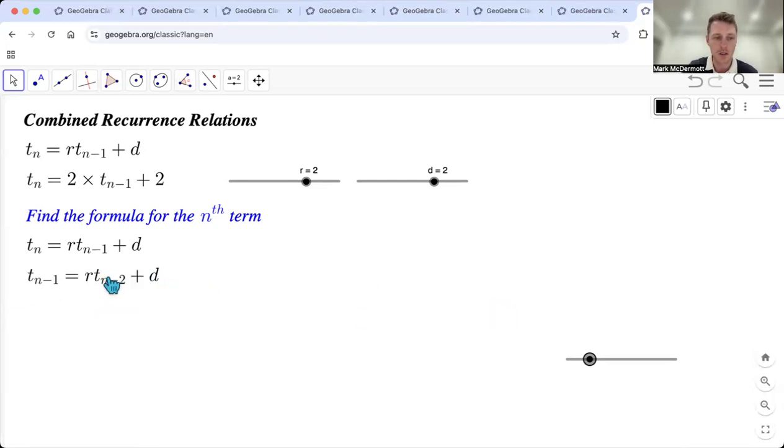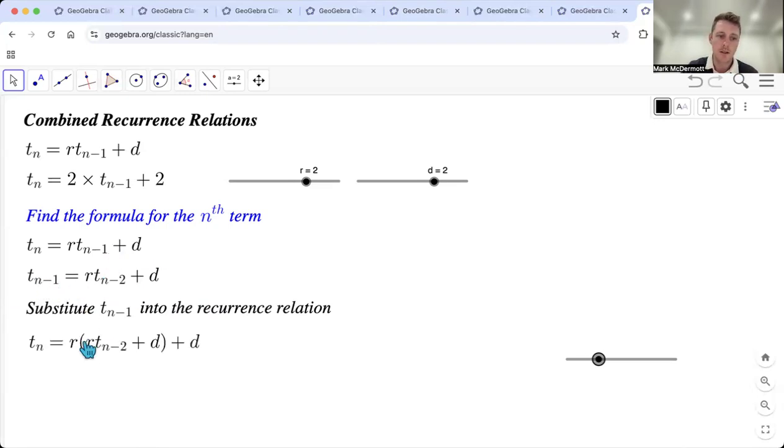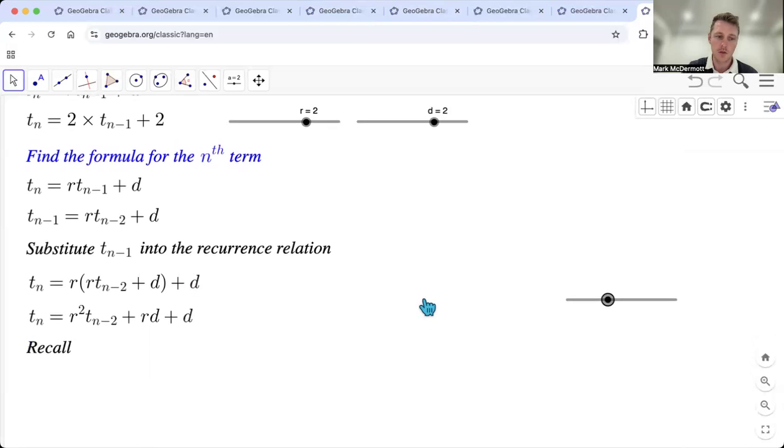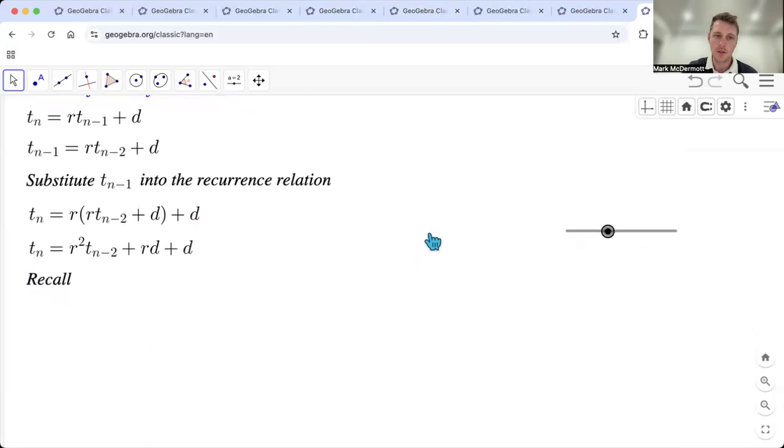And then what we're going to do is substitute that into the recurrence relation. So substitute T sub n minus 1 into the recurrence relation. And that gives us this. So we get R multiplied by R, T sub n minus 2 plus D. Expanding that out gives R squared, T sub n minus 2 plus RD plus D. And now what we also want to recall is we're just going to do it again, and we're going to notice a pattern that's going on here.